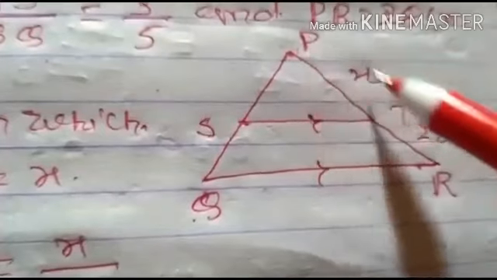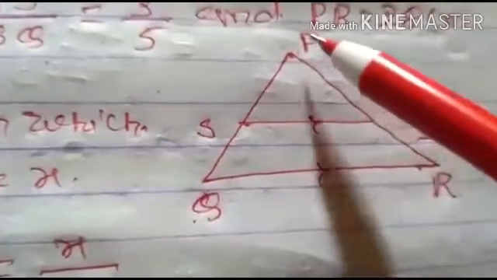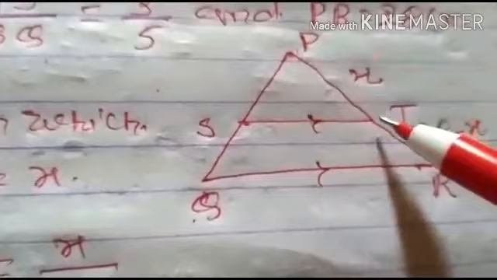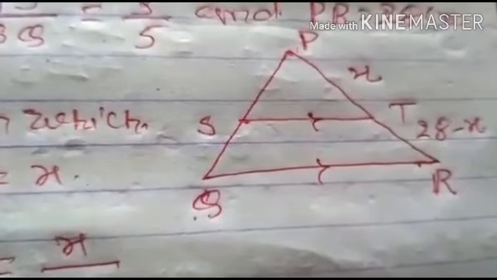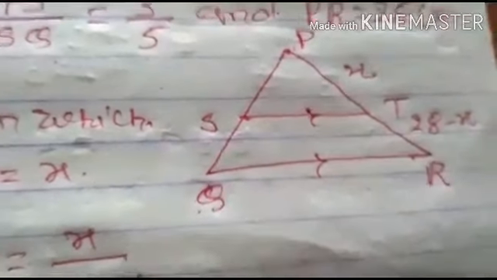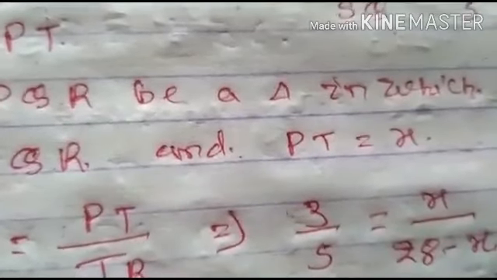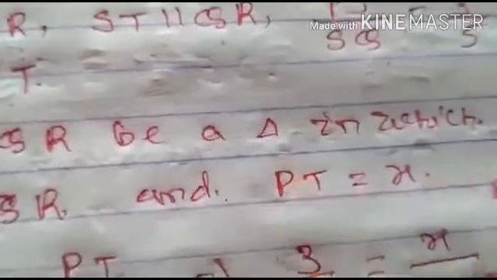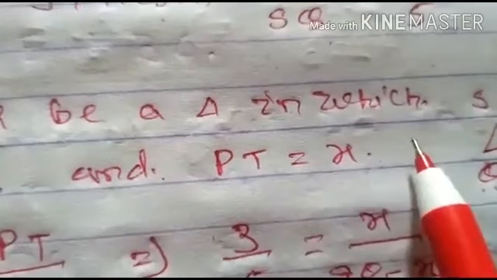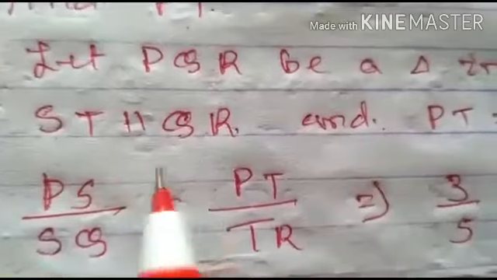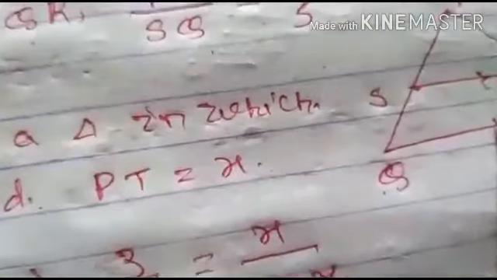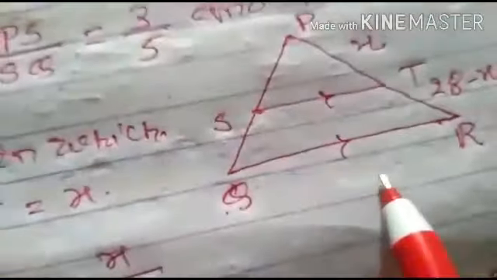Now we are here to find the distance PT. Let PQR be a triangle in which ST is parallel to QR. This is the ST which is parallel to QR.